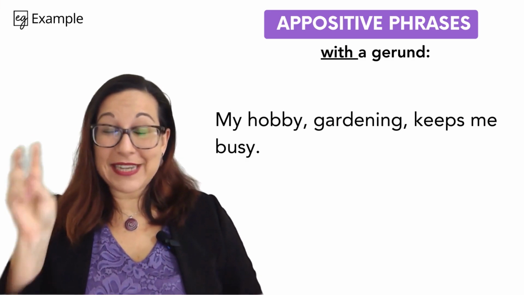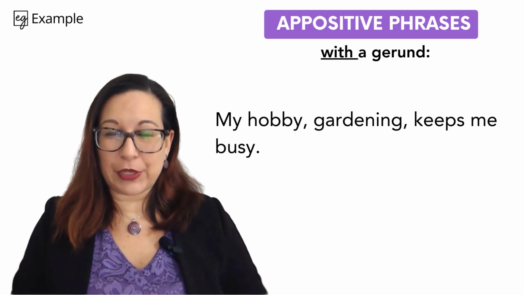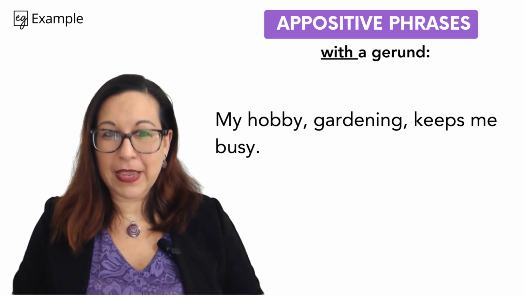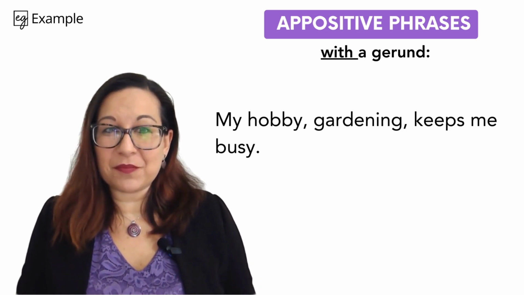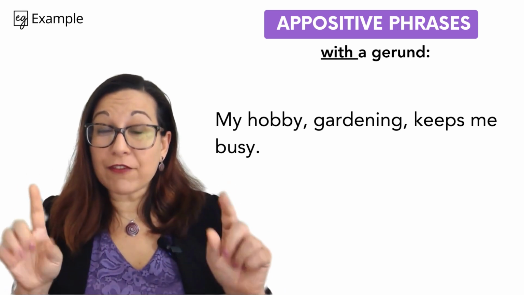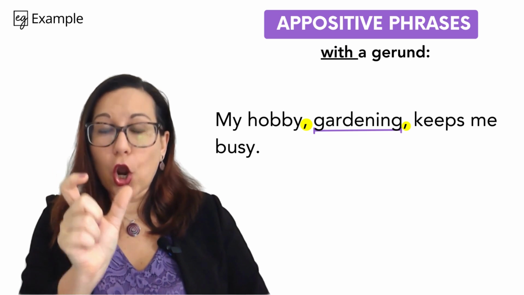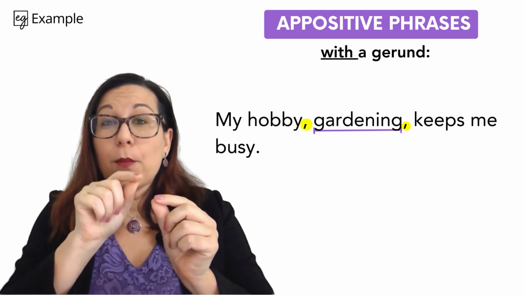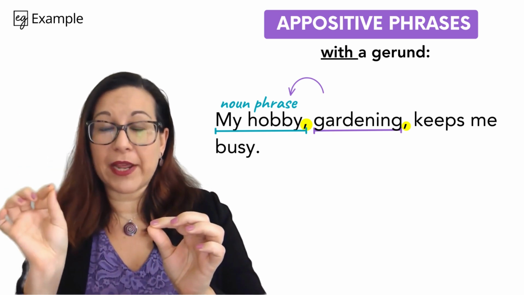Okay, in example number 2, let's take a look at a gerund that is being used as an appositive. My hobby, gardening, keeps me busy. So we do not have a conjugated verb, we just have a gerund, gardening, and it's giving more information about my hobby. It's renaming my hobby.